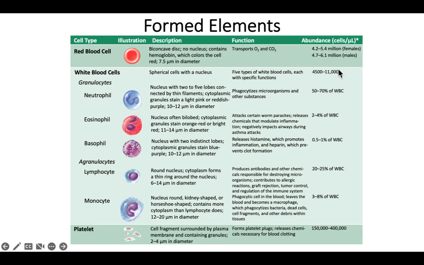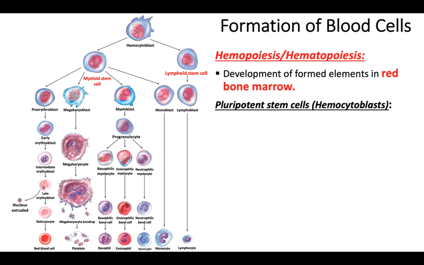So we'll come back to this figure, or you can come back to this figure once we've gone through them in detail. The next video we'll start with formation of the blood cells, and then we'll move into first the red blood cells, then each of the white blood cells, and then the platelets.